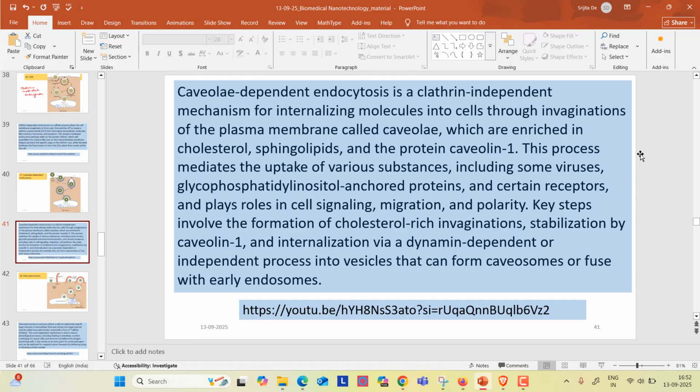This process mediates the uptake of various substances, including some viruses. So caveolin-dependent endocytosis helps in uptaking small particles, right? That is why viruses are coming here. It also handles certain receptors and plays a role in cell signaling, migration, and polarity. Key steps involve the formation of cholesterol-rich invaginations stabilized by caveolin 1 and internalization via a dynamin-dependent or independent process into vesicles that can form caveosomes or fuse with early endosomes.